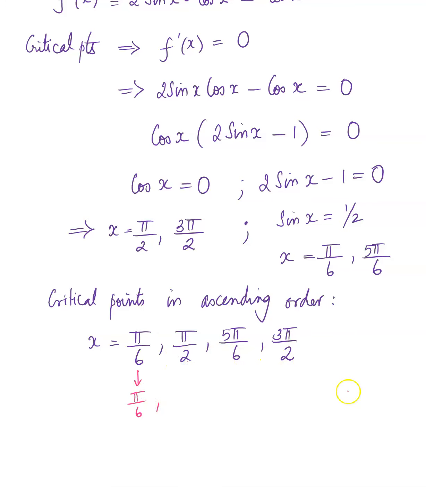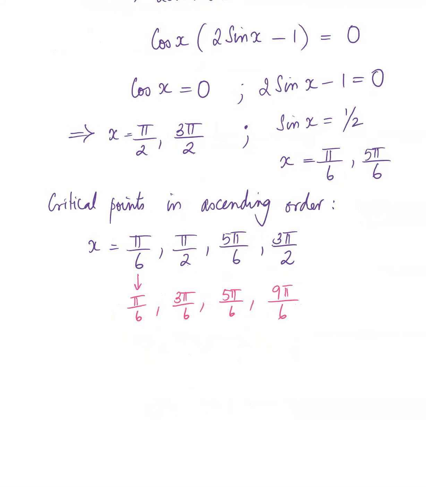If you change all the denominators to 6, that will be 3 pi over 6, 5 pi over 6, 9 pi over 6. So you can see the numerators are all increasing, 1, 3, 5, and 9. That helps us really to put them in the correct order. I insist on this just because I've seen too many errors made by students on this.